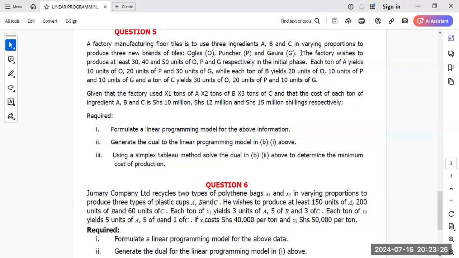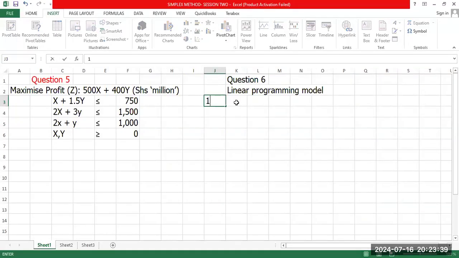Remember, as you interpret, colleagues, you recall that we follow steps. And like now, the first step, who can remind me what is the first step? Colleagues, this is revision. What is the first step?